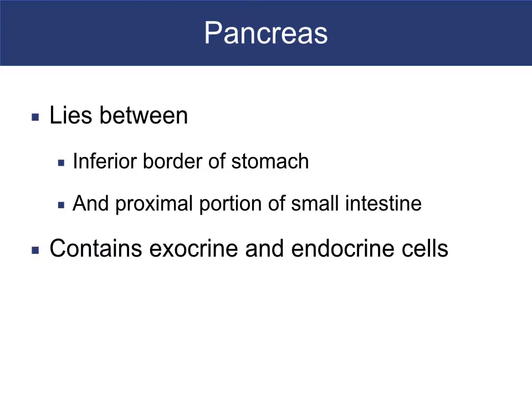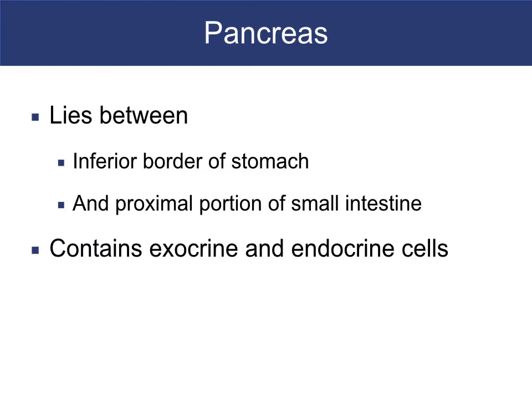So exocrine means it excretes through a duct, that's right, and the pancreatic duct collects up all of these secretions and dumps them into the duodenum, the first part of the small intestine, to help you digest your food.